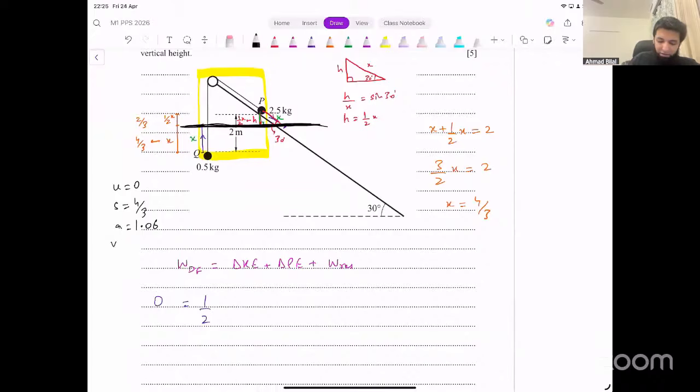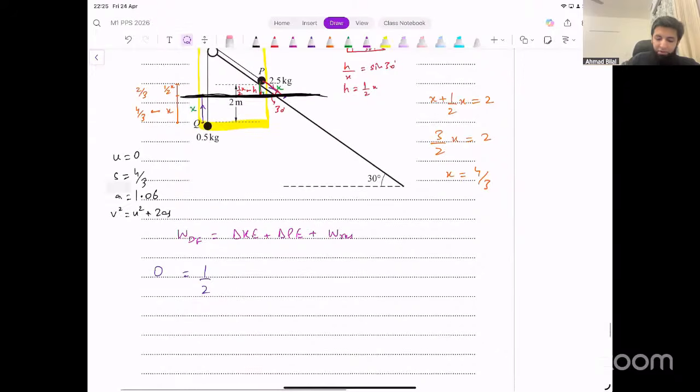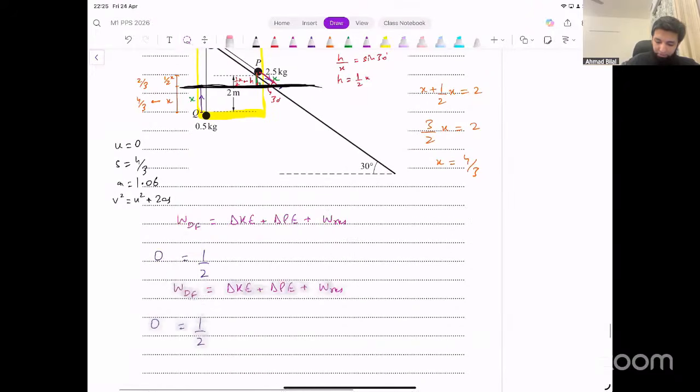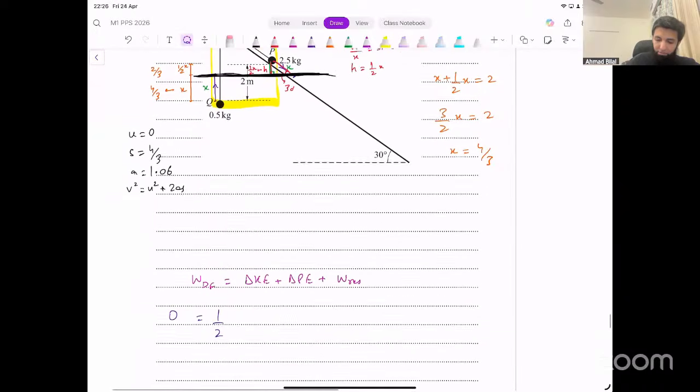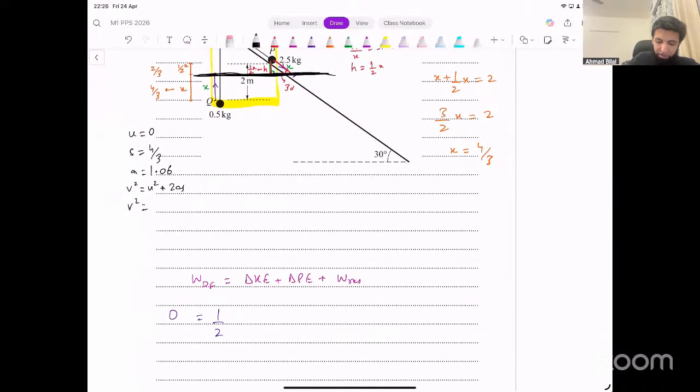This will give you the value for final velocity. V squared equals u squared plus 2as. Input values in that and see what that gives you. V squared equals 0 squared plus 2 into 1.06 into s, that is 4/3. Now that will give you a value for v.